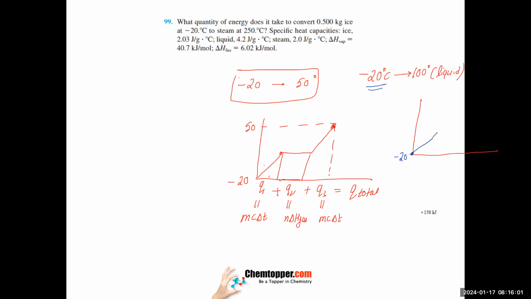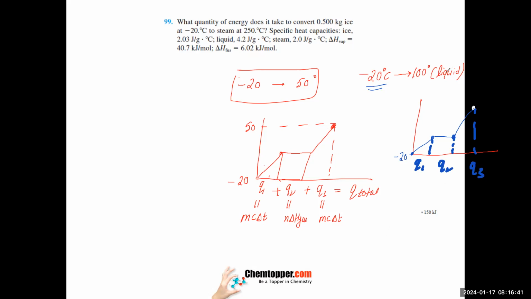You heat, reach up to 0. Melting starts. Now it is liquid. You heat, go up to 100. Stop here. Don't make another line because you are not changing the phase. Now you have to calculate Q1, Q2, and Q3.